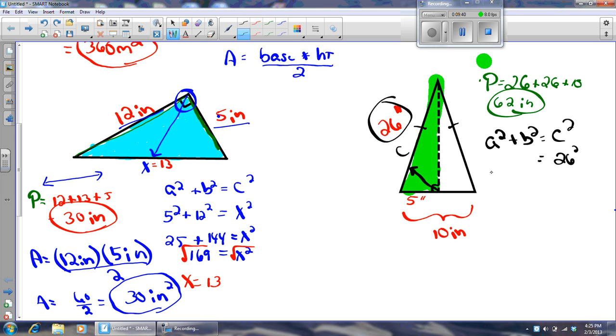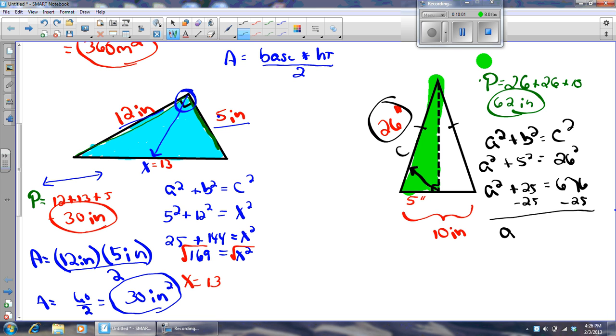Okay. I'm going to do a squared plus 5 squared. So I'm going to square and get a squared plus 25 equals 676. I'm going to subtract 25 from each side.